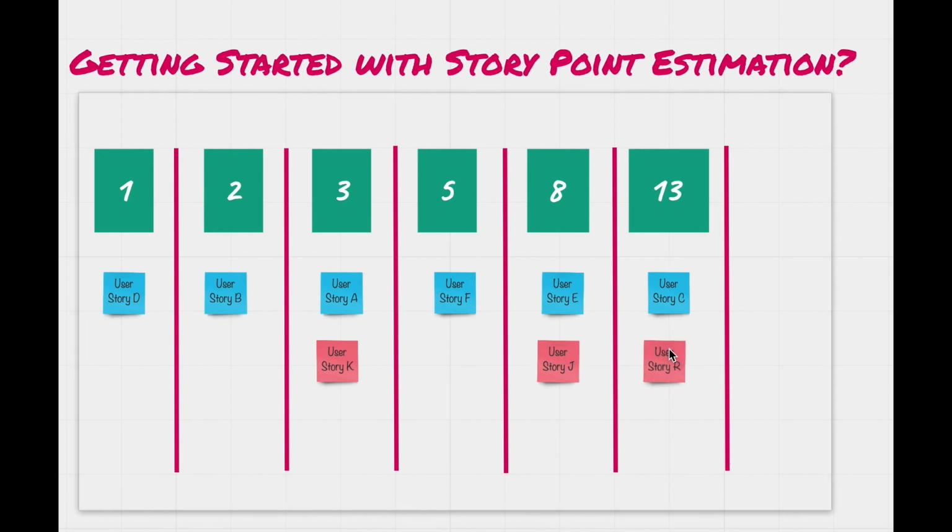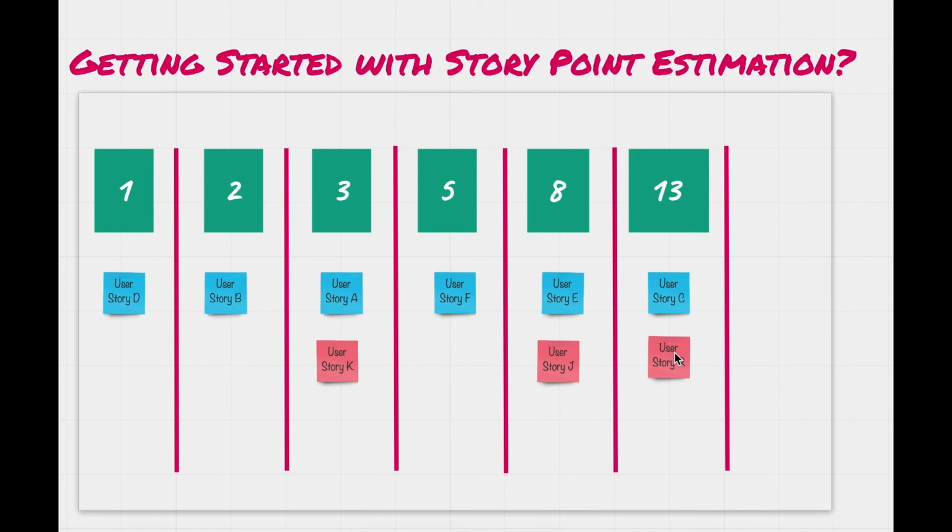As we move with a few more sprints, you will already know the way of mapping the numbers, story points, units with user stories. So maybe in the fourth or fifth sprint, you already have an idea that two story points is of this size and complexity. Eight story points will be of this size and complexity.